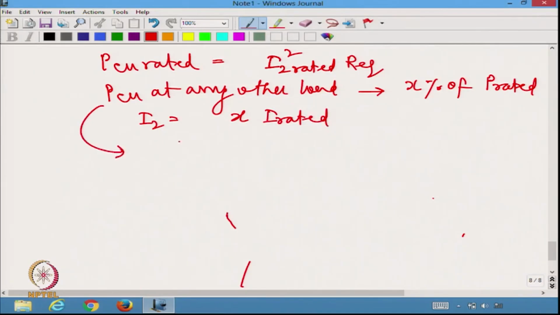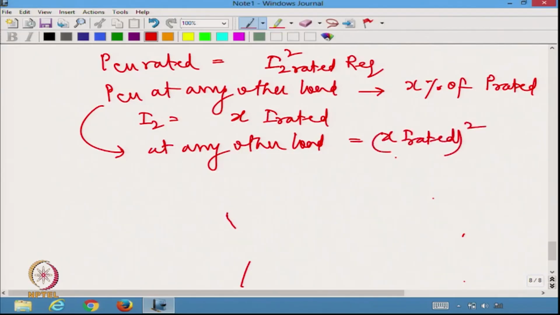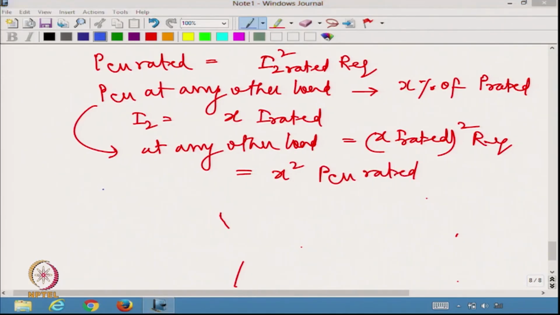So, I can write PCU at any other load will be X I rated whole square into R equivalent, which will be actually X square into PCU rated.